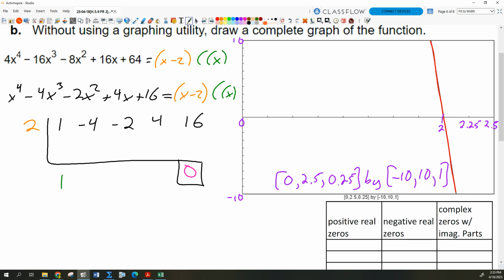So I got 1, negative 2, negative 4, negative 6, negative 12, negative 8, negative 16, 0. Okay, so it tells me what c of x is, right? C of x is just that. I just need to find the zeros of that polynomial. All the rest of them are contained in that smaller polynomial. This ends up being a smaller problem, right?